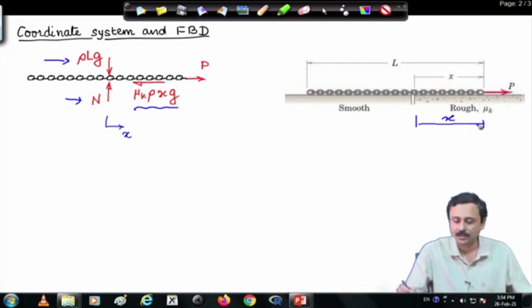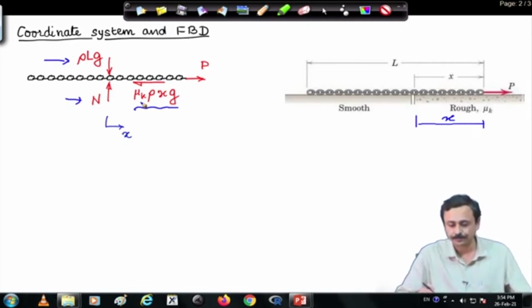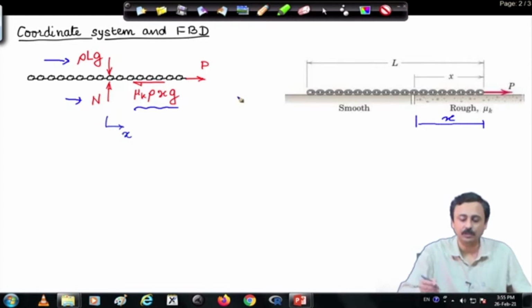The x part, the weight of or the mass of this part of the chain is rho into x, into g is the weight of that part of the chain, and multiplied by the coefficient of friction, because it is slipping, it is sliding on that surface. So, the force of friction is mu k times the net normal reaction on the rough part, which is rho g x or rho x g, and P is the horizontal force which pulls the chain.